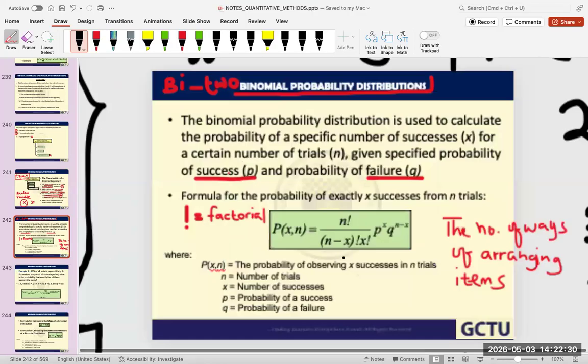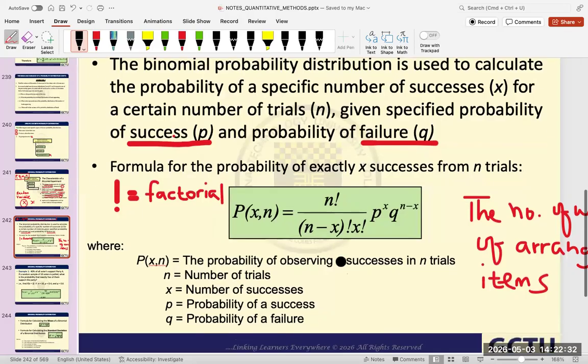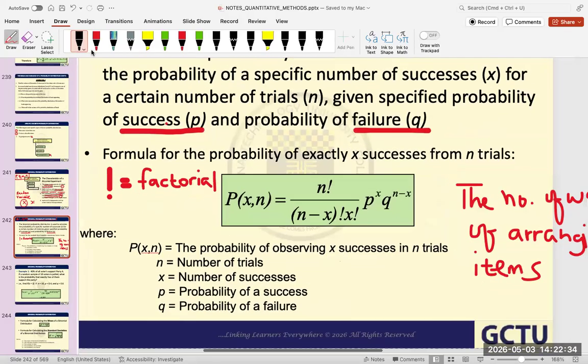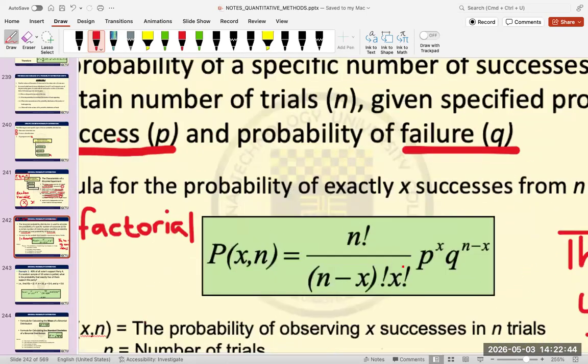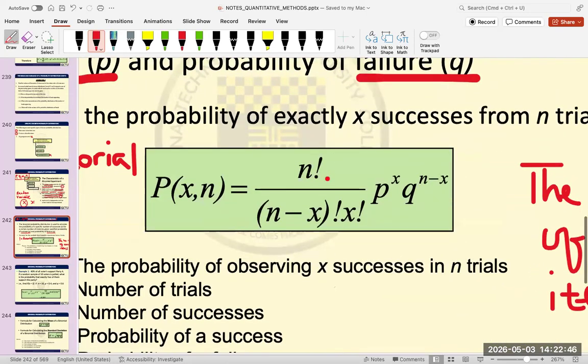So that is what I've been used to write the binomial formula. In the binomial formula, the first numerator you have here is n factorial divided by n minus x factorial multiplied by x factorial.